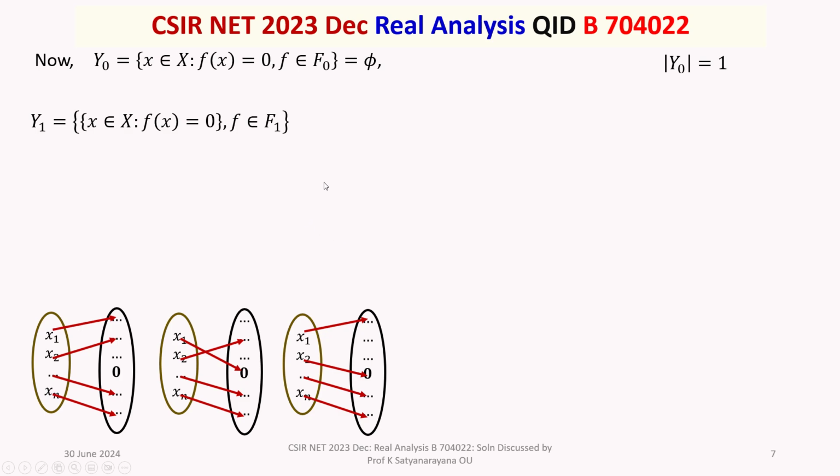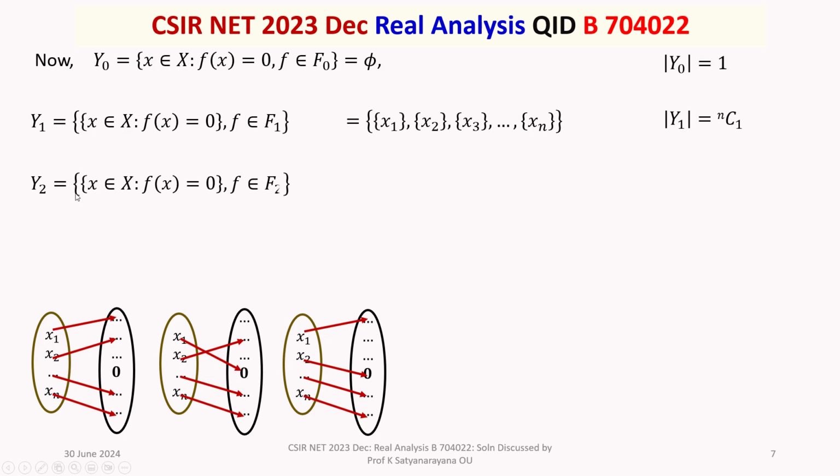Like that, for various functions f belongs to F1, you will get the subsets {x1}, {x2}, {x3}, ..., {xn}. And out of n elements, how many singleton sets will you get? That is, what is the order of Y1? That is nC1.